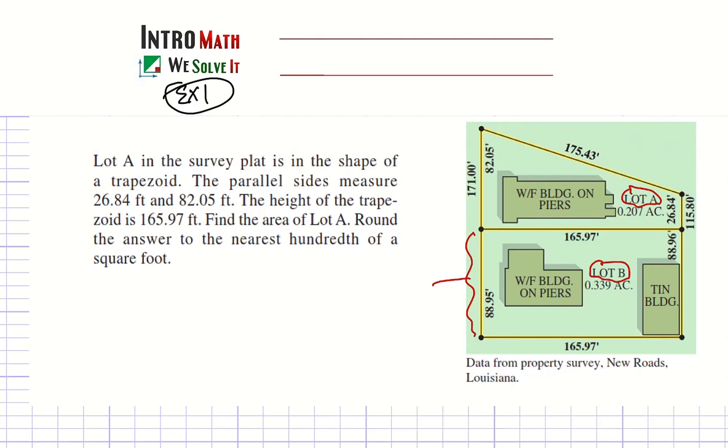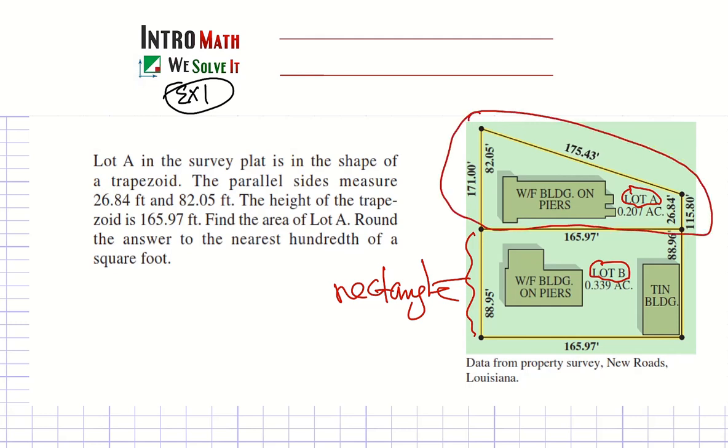But this part here looks like a triangle, but it's not quite a triangle because of this part here. That's why they call it a trapezoid. It has quite different parts. Look at that there, and that there, and this here. It's quite confusing.